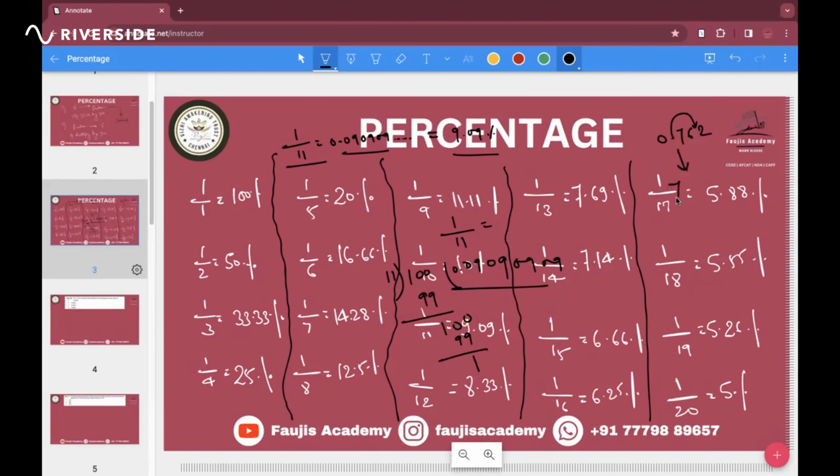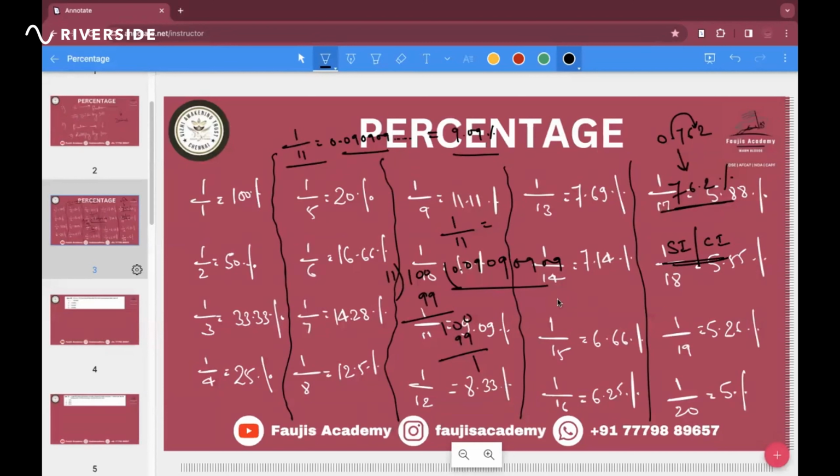That's it. This is nothing but 76.2%. And remember, this decimal, this percentage, all these things will be very handy to you in your coming chapters, such as SICI.